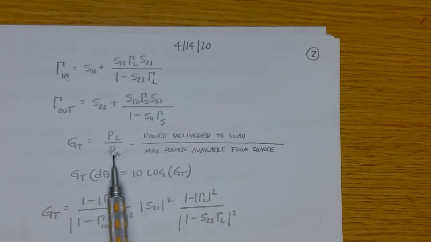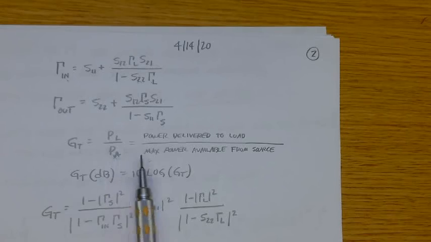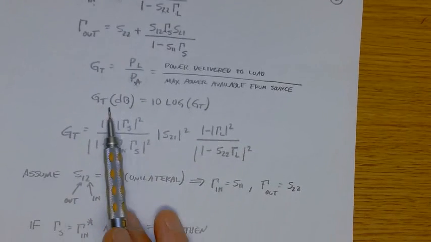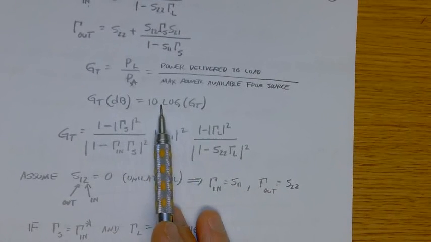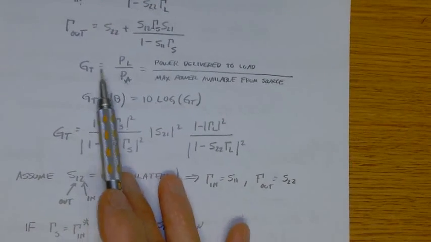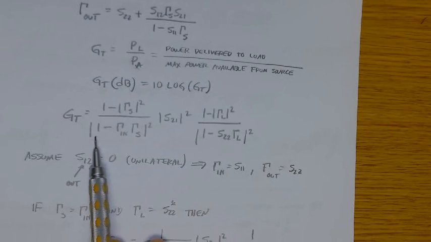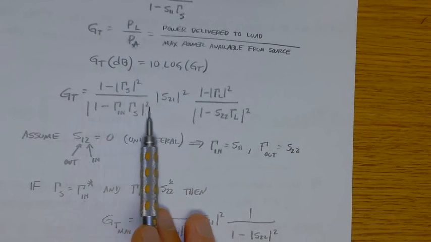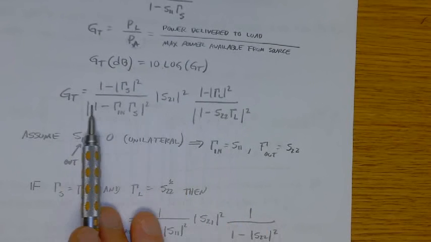So if your source impedance is real and 50 ohms, it's just the amount of power absorbed by a 50 ohm load. So that's pretty simple. And then obviously we're going to want to express that in dB typically, which is just 10 log of the gain. And so the gain is then represented this way, due to microwave theory.